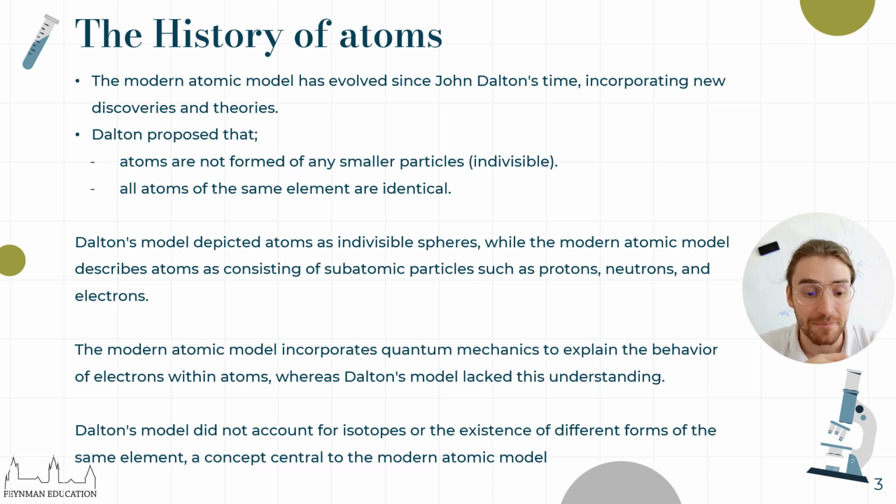Okay, but Dalton did not account for isotopes or the existence of different forms of the same element, which was a concept that was central for the modern atomic model. Okay, so he didn't know about protons and neutrons. He just knew that they were the smallest particles, which was kind of correct.